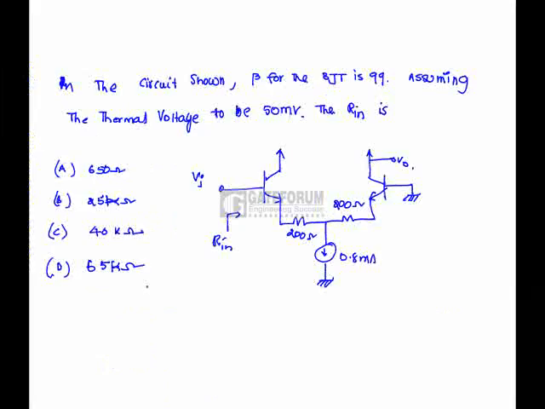Question is, in the circuit shown below, beta for the BJT is 99 and assuming the thermal voltage to be 50 millivolts, calculate the input resistance. Here Rin is going to be h_ie plus (beta plus 1) times the emitter lead resistance, meaning the resistance seen from here is Re.